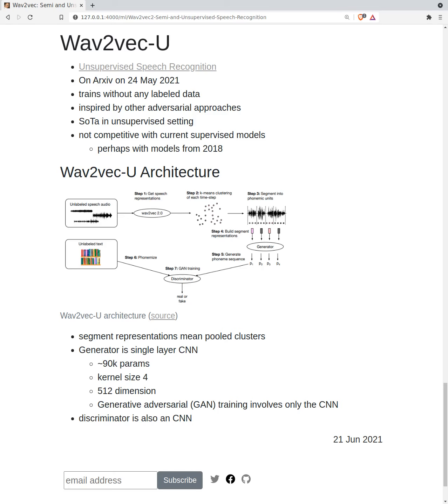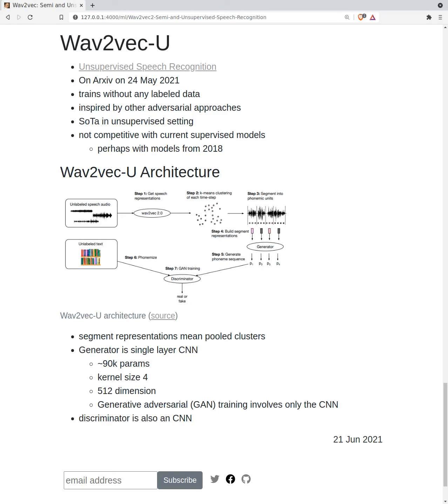And how does this crazy idea actually work? You take unlabeled speech, you pass it through Wav2vec 2, you get the speech representations from there, then you cluster nearby outputs and segment them, and build a new sequence from those that were clustered together. You average those, and pass that to a generator, which is a single-layer convolutional network.